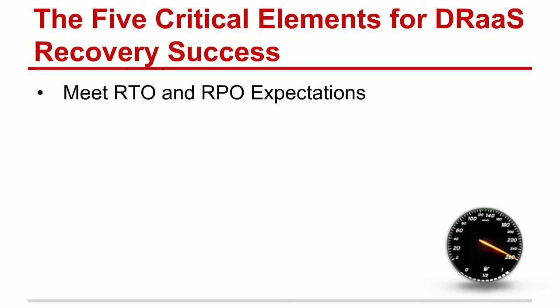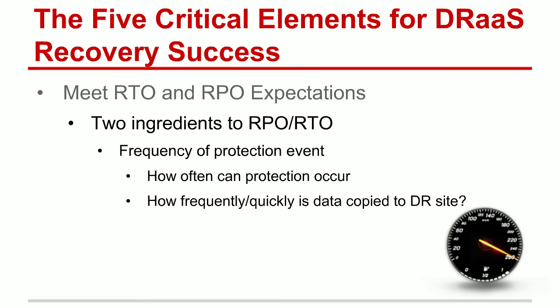So now moving on. The next thing we've got to talk about is meeting the RTO and RPO expectations of the environment. Jason, you and I did a webinar a while back where we talked a little bit about RPO and RTO, but to me there are two key ingredients. The first is you increase the frequency of the protection event, because the more often we're capturing data, obviously the less data that has to be rekeyed.